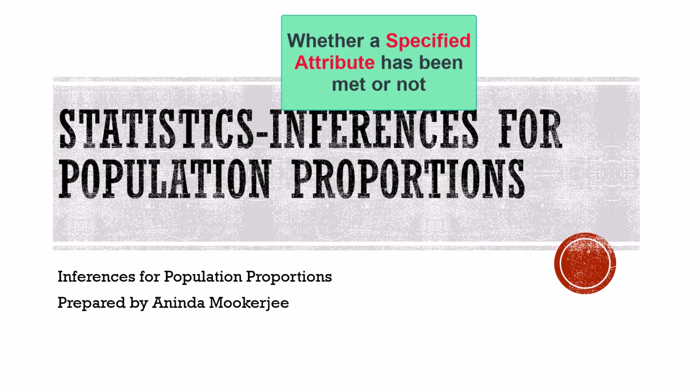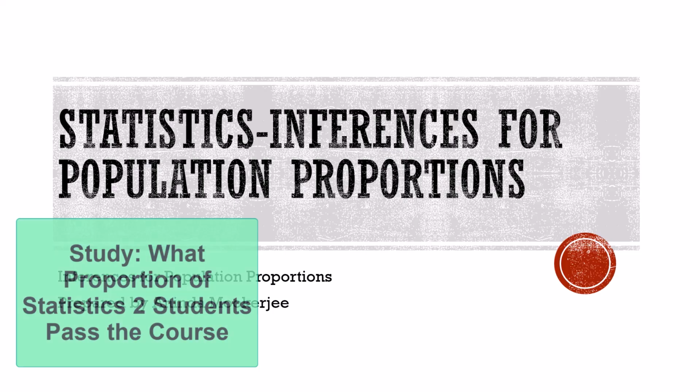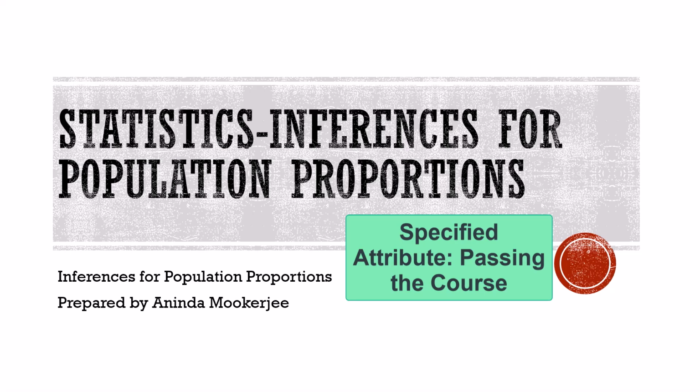Now, whenever we want to know whether a certain attribute has been met or not, in those situations, we perform studies on proportions. So we initially have to specify an attribute that we are looking for. For example, if I want to know what proportion of the population of students enrolled in statistics pass the course, then I would conduct a study on proportions.